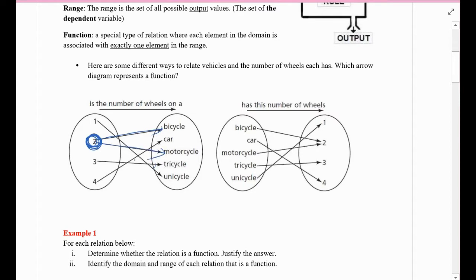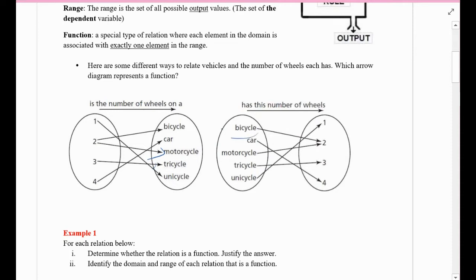If an input has more than 1 output, then that's not a function. Each input should have exactly 1 output. Look at this. Those are inputs this time: bicycle, car, motorcycle, tricycle, unicycle.